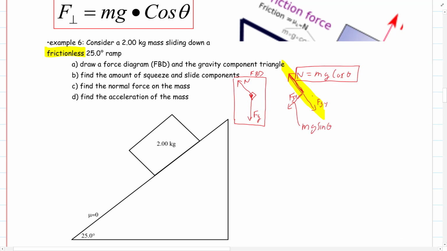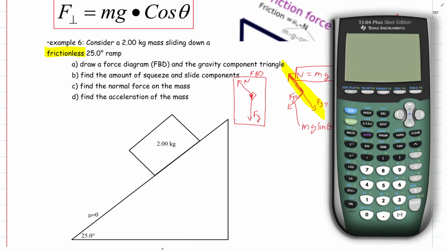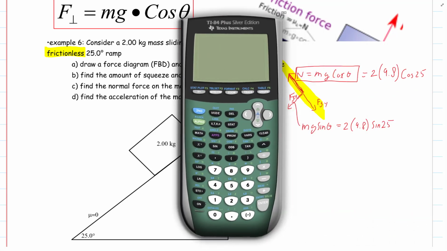Oh, nice. Find the amount of squeeze and slide components. So the squeeze, if you want, or perpendicular, is 2 times 9.8 times the cosine of 25. And this is going to be 2 times 9.8 times the sine of 25. Okay, well, pull up the calculator.